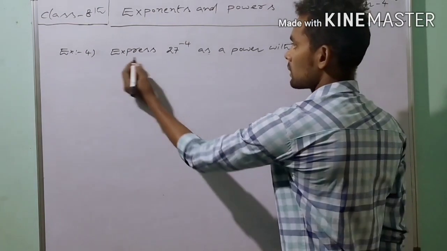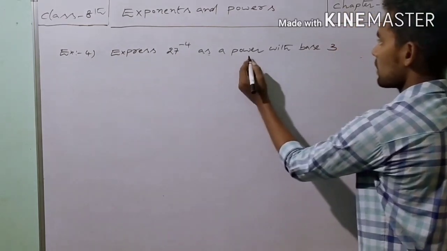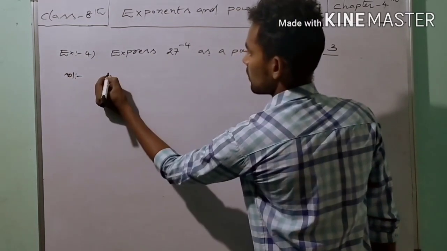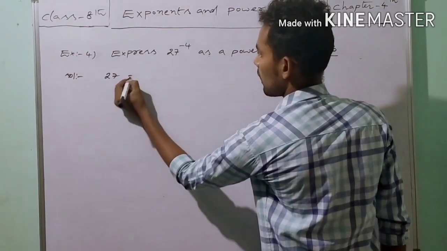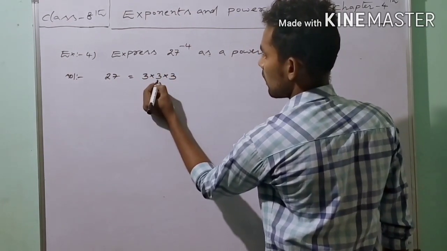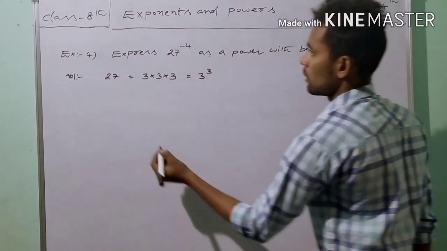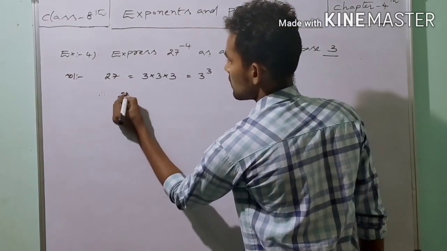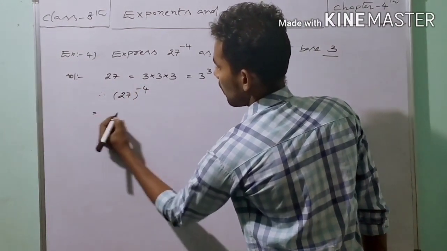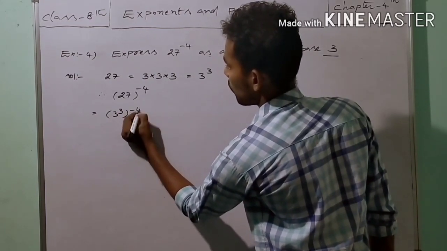Example 4. Express 27 power of minus 4 as a power with base 3. Solution, 27 can be written as 3 into 3 into 3; 3 3s are 9, 9 3s are 27, equals 3 cube. Therefore, 27 whole power of minus 4 equals 3 cube whole power of minus 4.